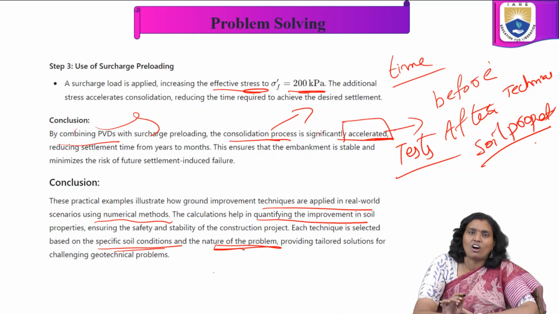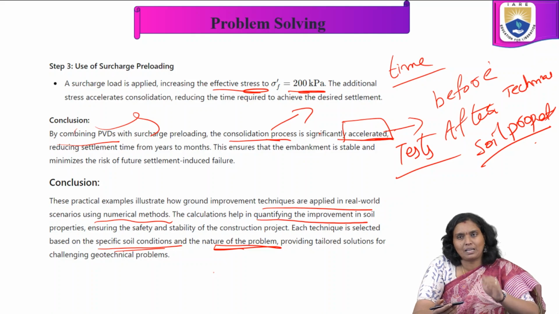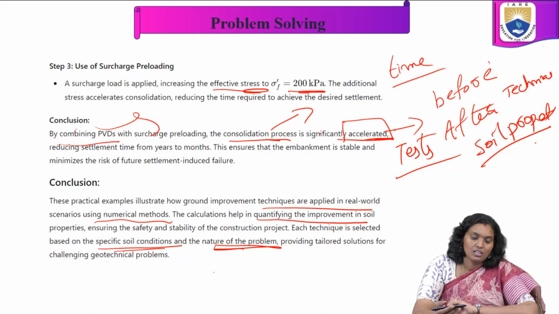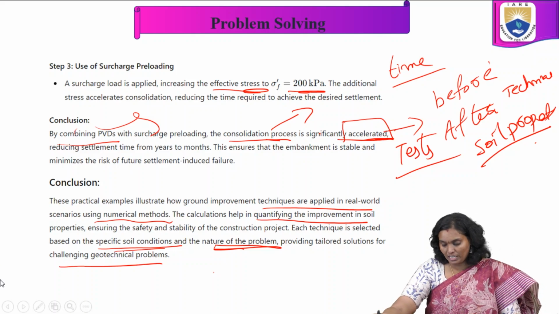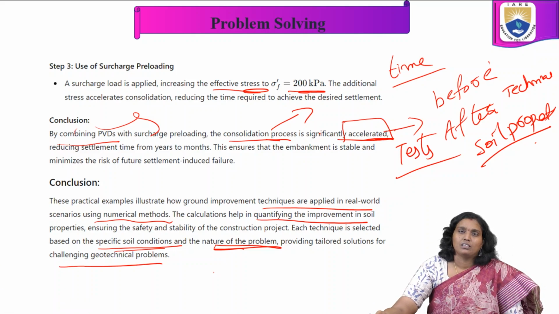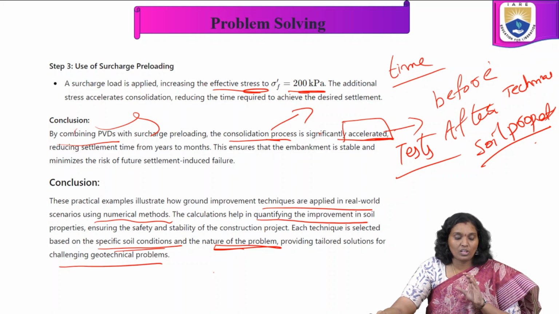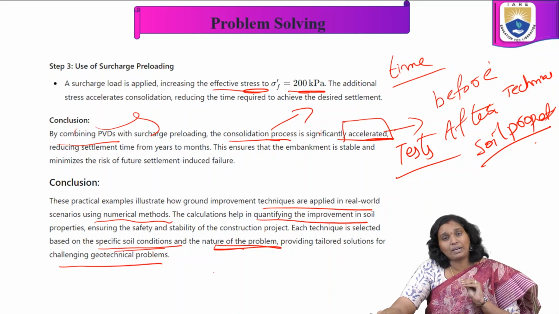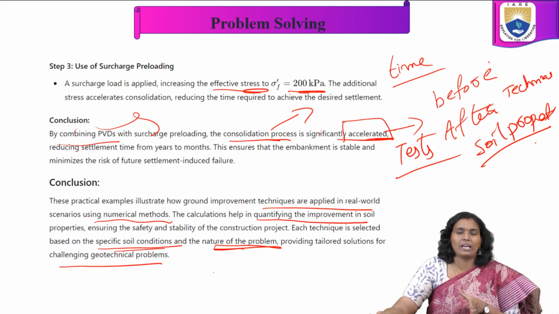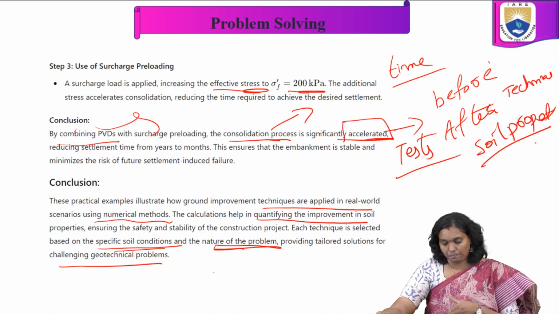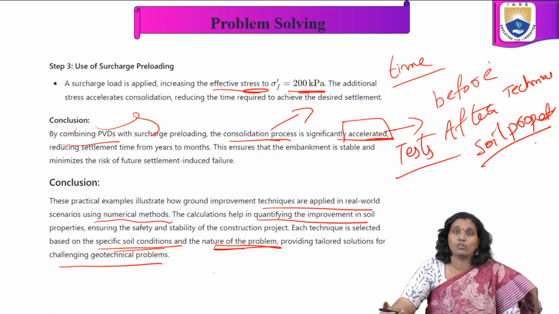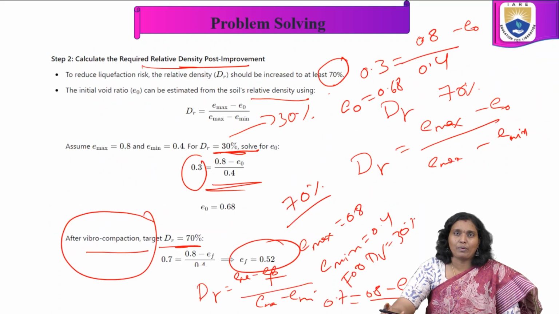So we provide the step-by-step procedure, not in detail, for challenging geotechnical problems. Here we understand what kind of scenario it is, and based on that we choose. The specific conditions of the soil and the nature of the problem play a key role in choosing the better technique.